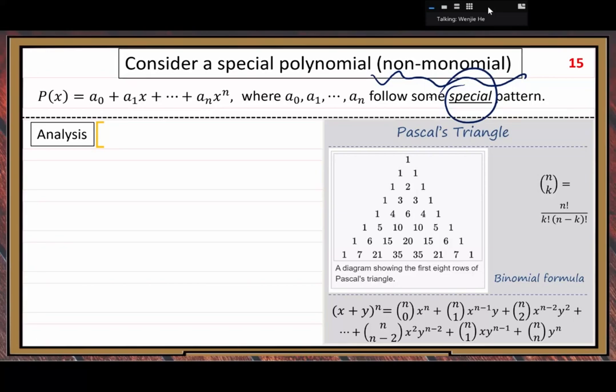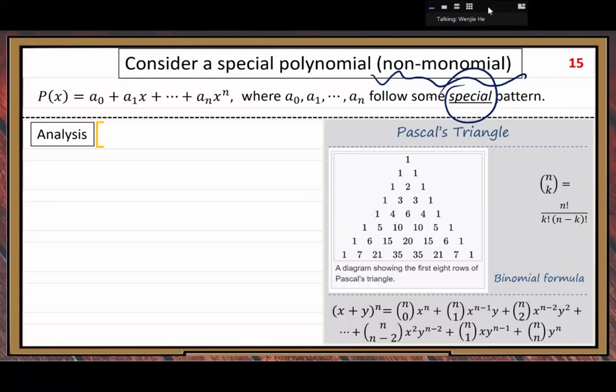We need to read this, right? N choose 0. In n objects, we choose the bottom number of them. N choose 1, n choose 2, n choose k.